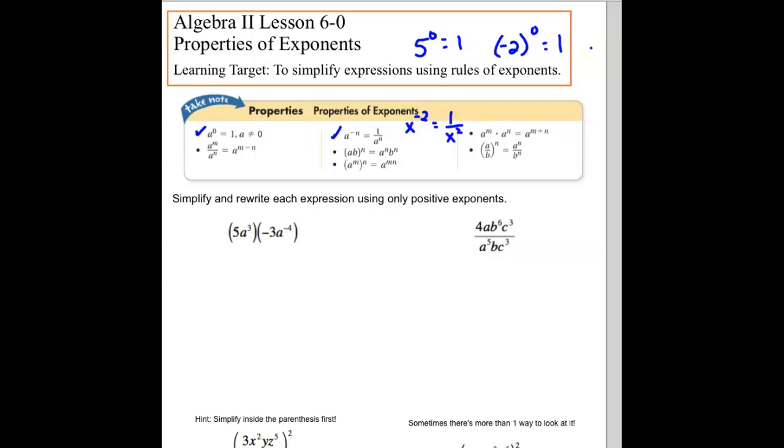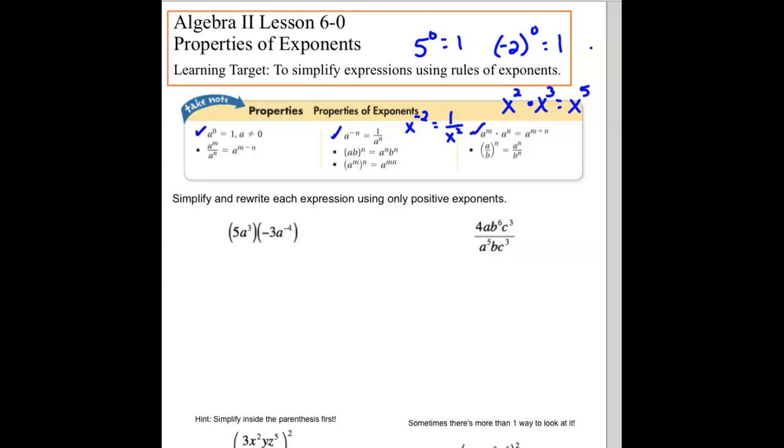Our third property says if we take a base to a power and the same exact base to a power, we can combine those bases into a single base and we just add the exponents. So x to the second times x to the third, we just add those and we get x to the fifth.